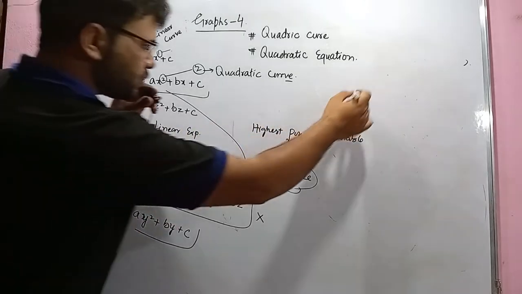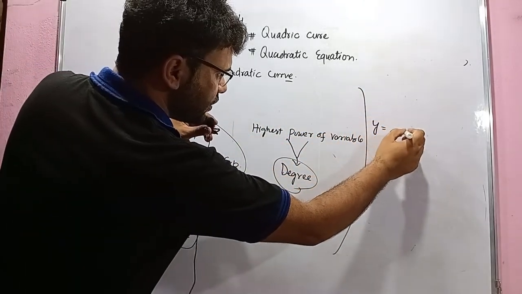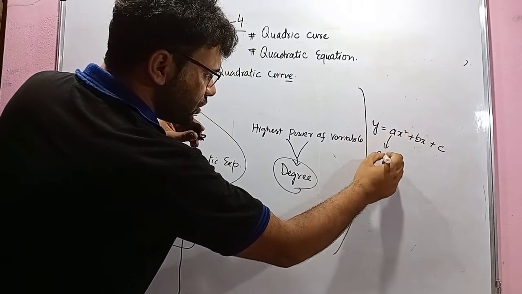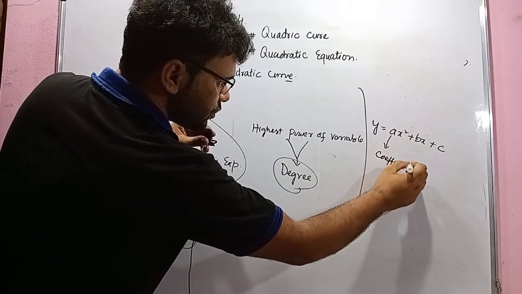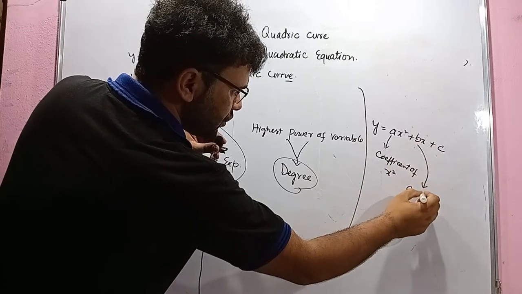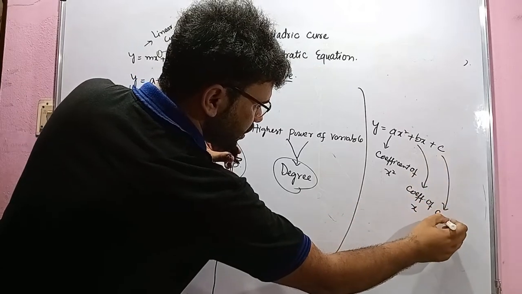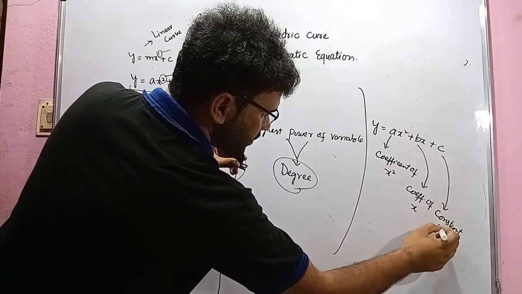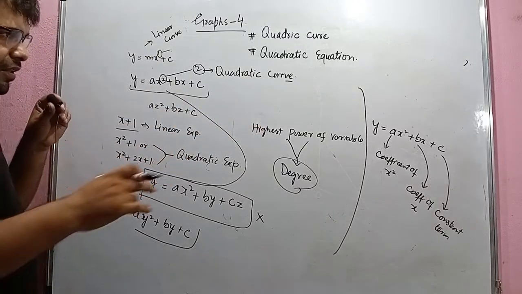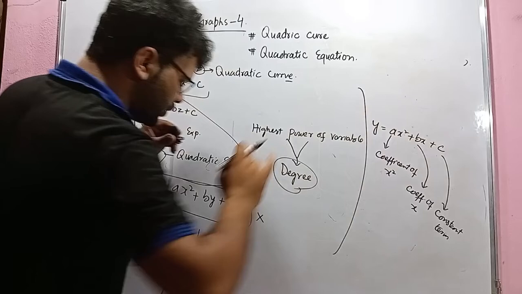And next thing we need to understand about this is, if we have y is equal to ax square plus bx plus c, this a is called the coefficient of x square. This b is called the coefficient of x, and c is the constant term.